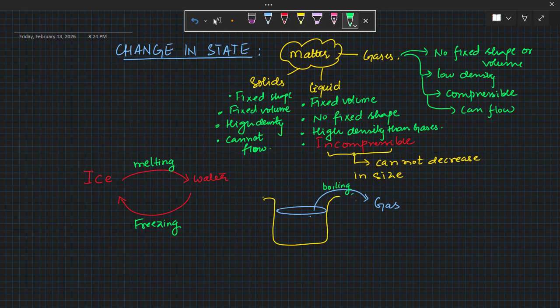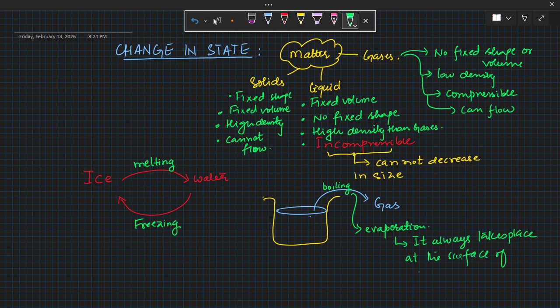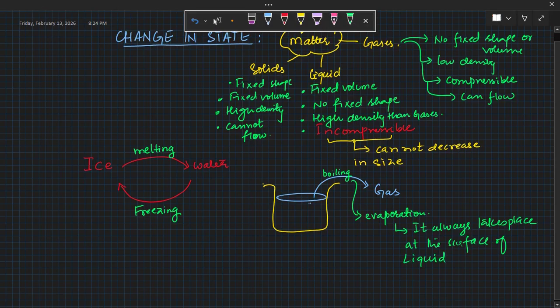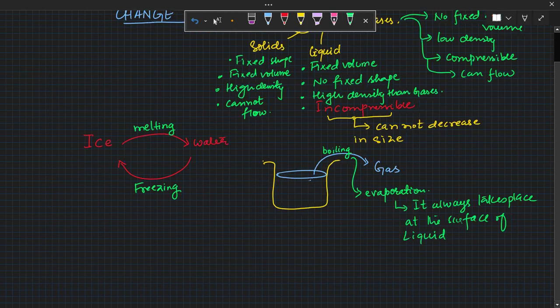Either you can call it boiling or evaporation. Evaporation, remember, always takes place at the surface of the liquid. Clear?